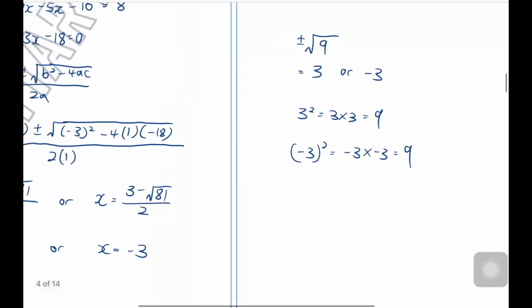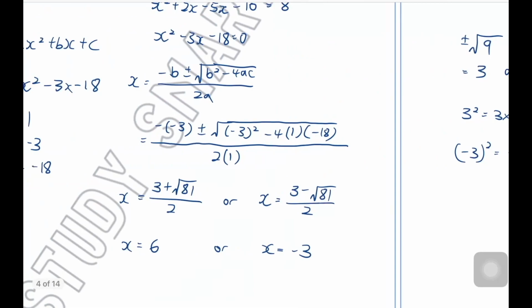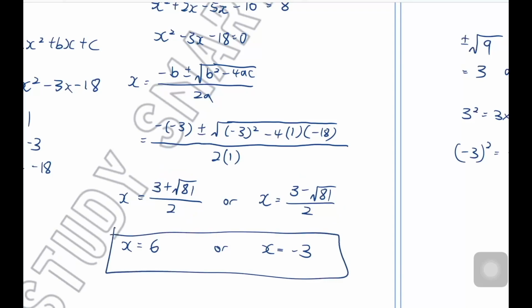So with that, that's why over here, when you are actually going to square root whatever this is, you will have to have the positive 1 and the negative 1. And because of that, that's why you will get this as one answer and this as a second answer. And that's why in your final answer, you will get x equals to 6 or x equals to -3.